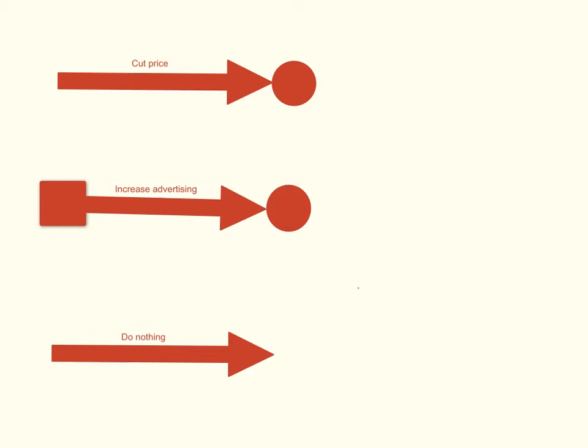So now that we have the options shown on the decision tree, we can start to add some likely outcomes of each choice that might be made. So, the likely outcome of each one occurring will be shown after the circle. We use probability to highlight the possible outcomes of each decision.